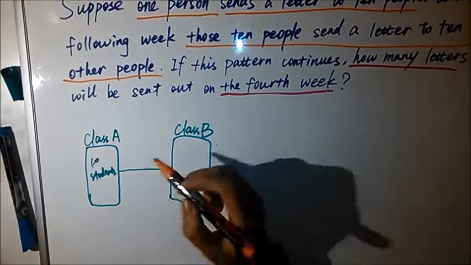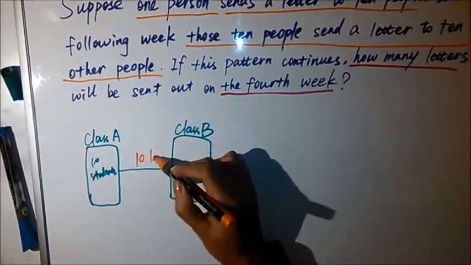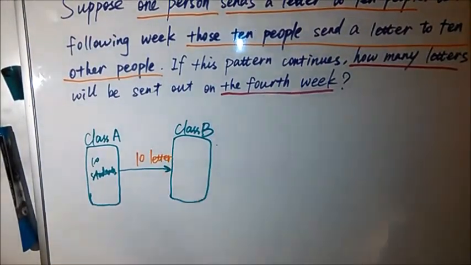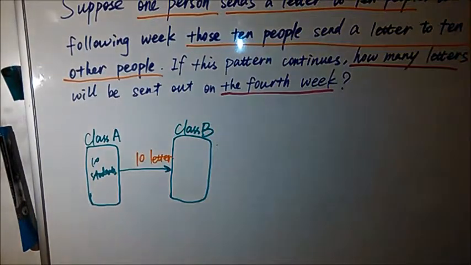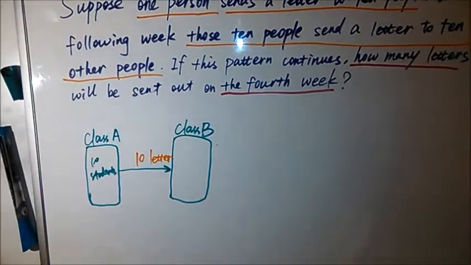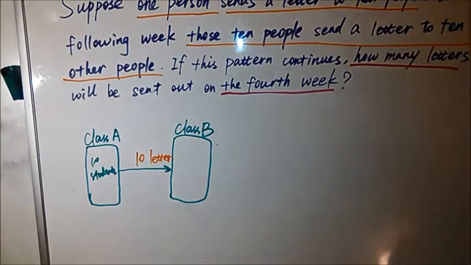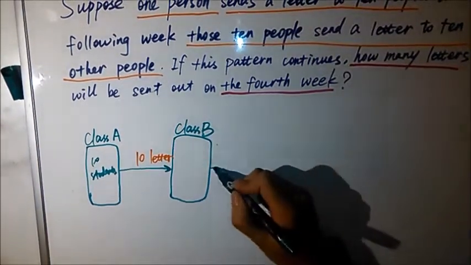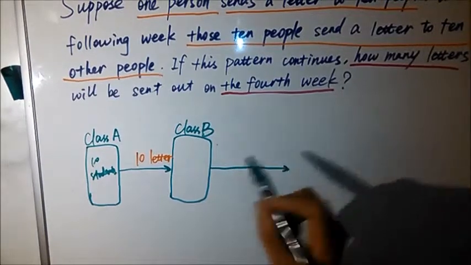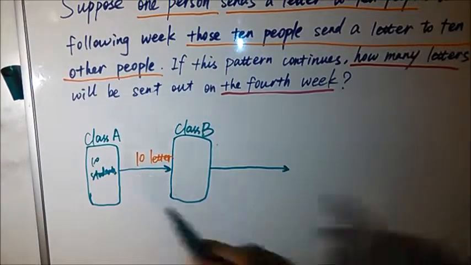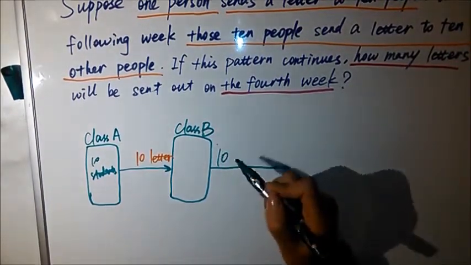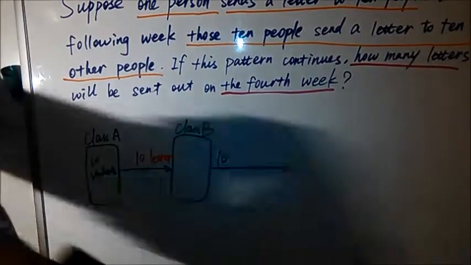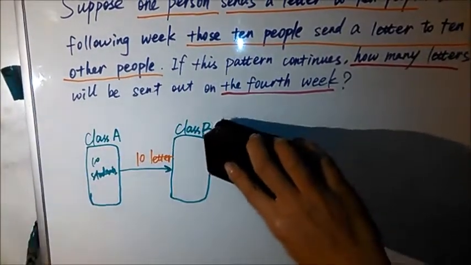And class B consists of 10 students, again, okay? It doesn't really matter. We have class A, they send out 10 letters to class B, right? And class B sends out 10 more letters than class A sent out, right? So we're going to have 10 more letters than what class A sent out.